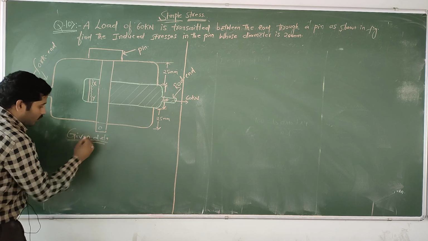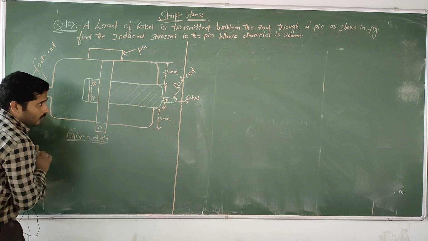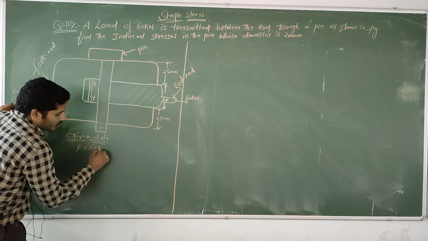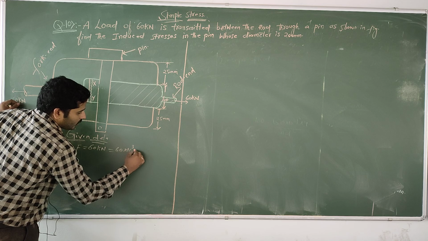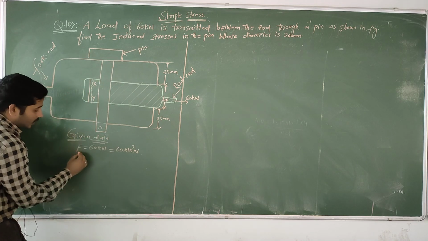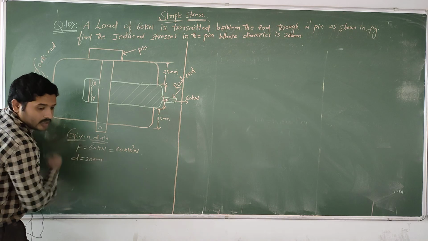Tensile load is acting on the rod, and F is equal to 60 kilonewton, 60 into 10 power 3 Newton, and the diameter of the pin D equal to 20 mm is given.